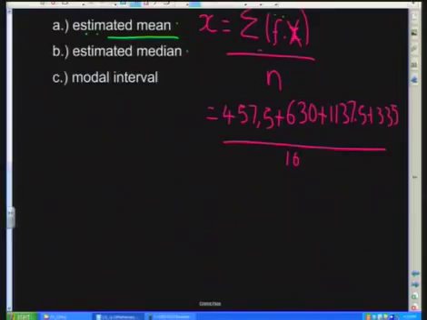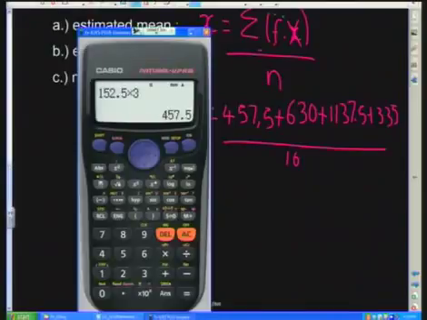Right, let's do that. Okay, so it's 457,5 plus 630 plus 1137,5 plus, what's the last one we've got there? 335. Right, get that total, divide that by 16.